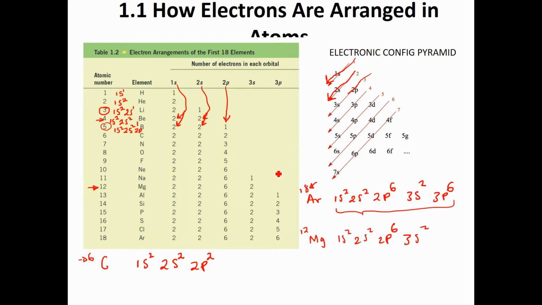Now, there is another term called noble gas electronic configuration, otherwise called abbreviated electronic configuration. I'm just going to leave it in shorthand. Noble gases have fully filled orbitals.